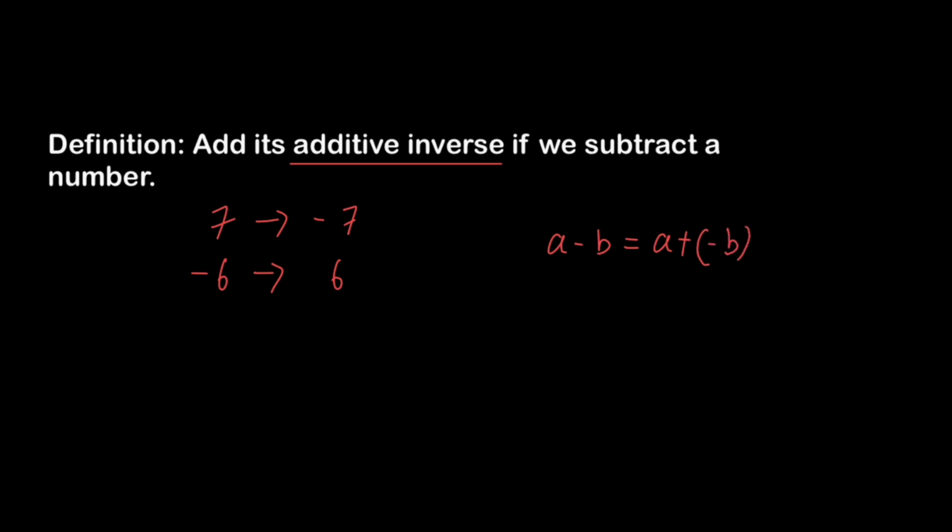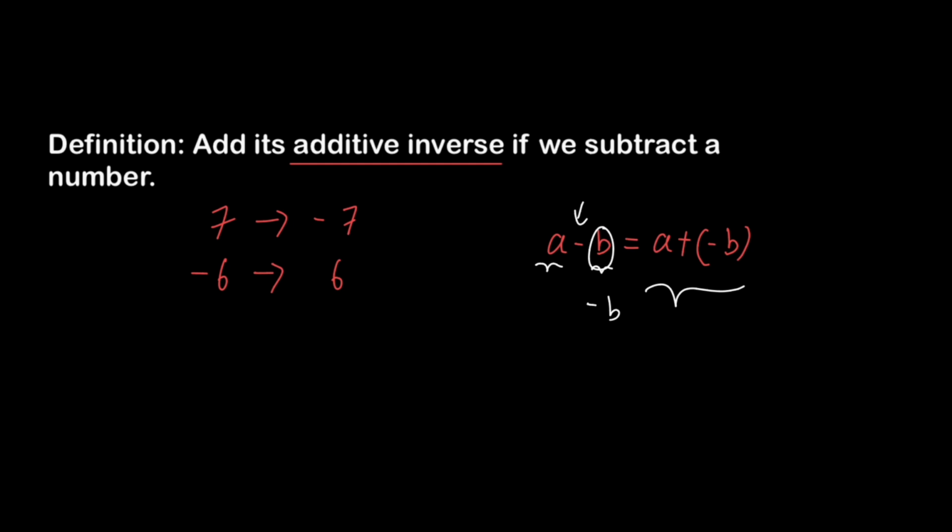Imagine a and b are variables representing positive numbers. The additive inverse of positive b will be negative b, and the definition says we add the additive inverse, which gives us the right-hand side.